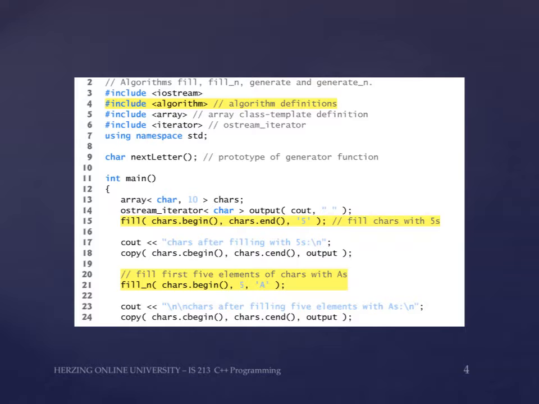Line 15 uses the fill algorithm to place the character 5 in every element of chars from chars.begin up to but not including chars.end. These iterators supplied as the first and second argument must be at least forward iterators. What that means is they can be used for both input from a container and output to a container in the forward direction.